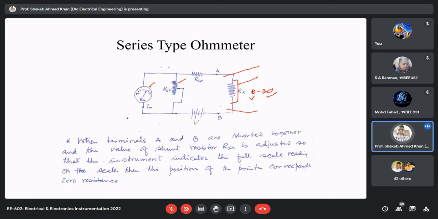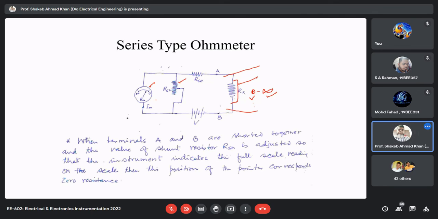We should have a suitable value of shunt resistance that ensures that under maximum current condition your meter gives full scale deflection.